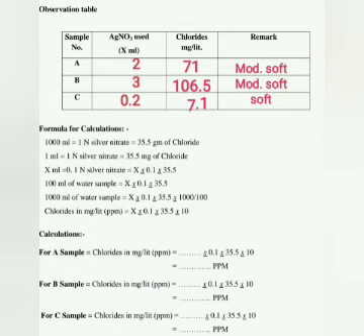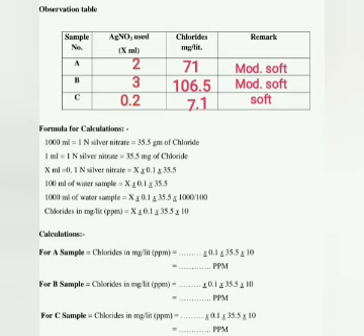After putting all the remarks in the observation table, we will make a conclusion, and this conclusion is also based on these remarks. So these remarks are very important. You should put all the remarks as per the WHO guidelines. WHO has made certain guidelines to decide whether water is fit for drinking purposes or not.